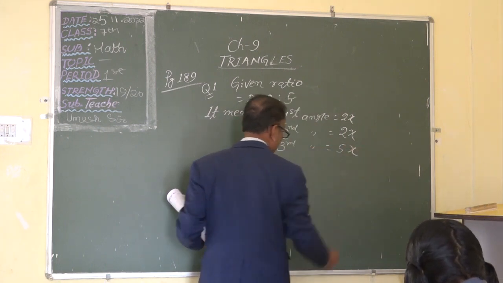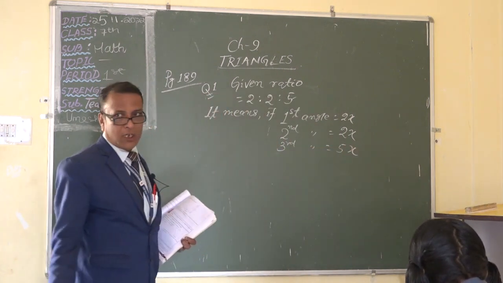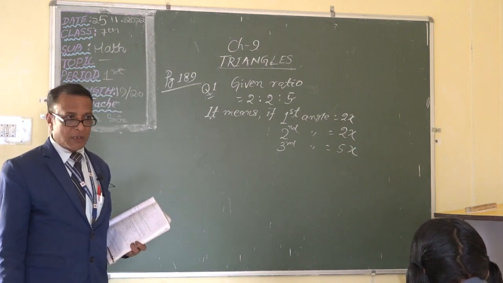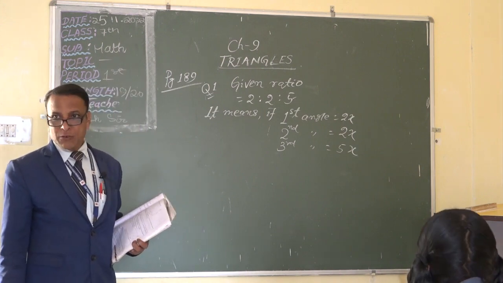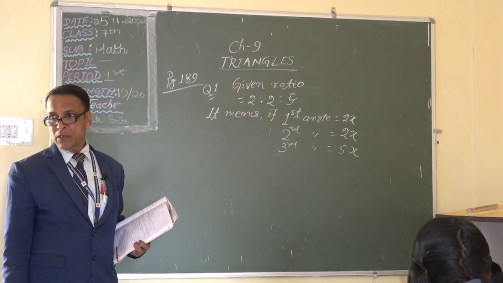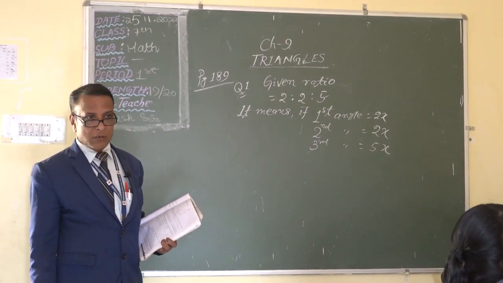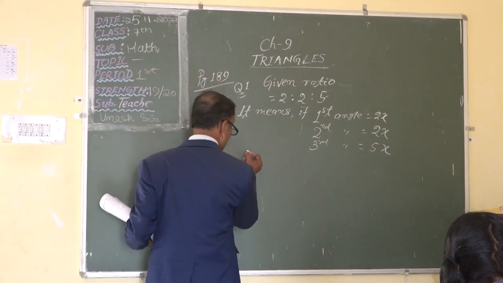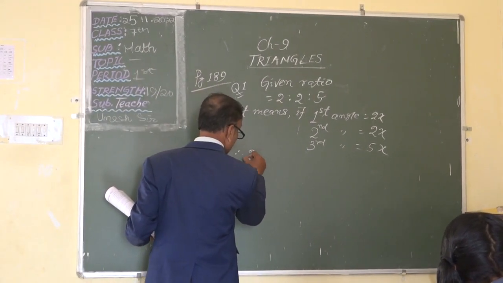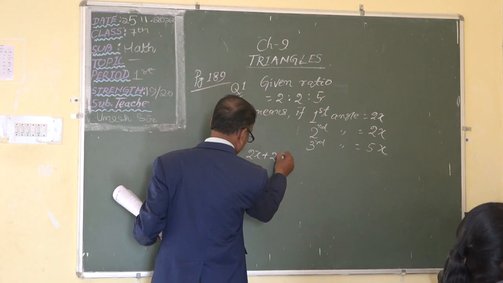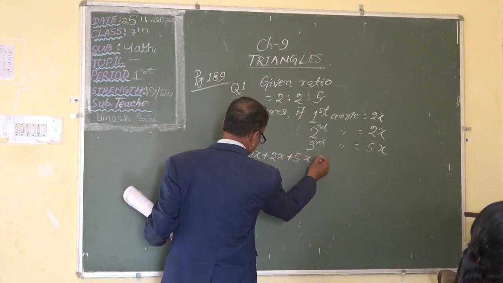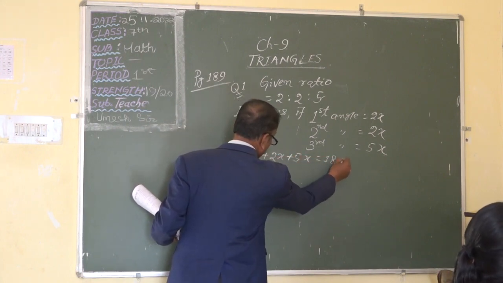In terms of x, we converted the ratio. But we know the sum of all the angles of a triangle is equal to 180 degree. So, therefore, 2x plus 2x plus 5x is equal to 180 degree.